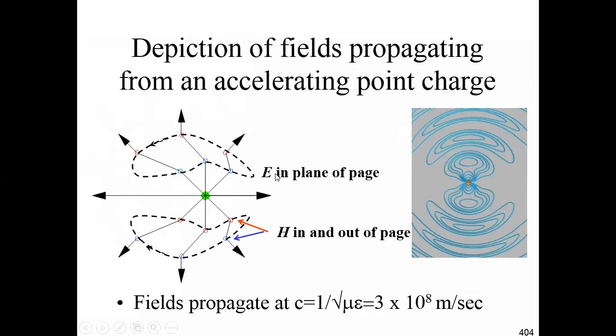You see, the electric field is in the plane of the page, and the magnetic field is out of the page. So see how this structure is drawn for the magnetic field. I think we have covered this a little bit while talking about the field of the solenoid.